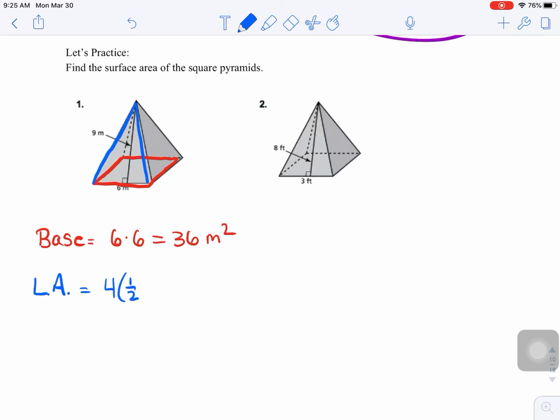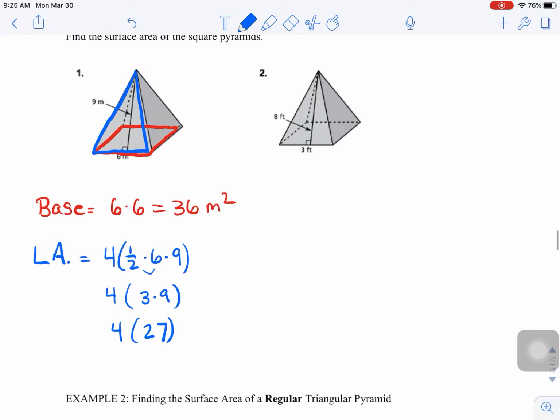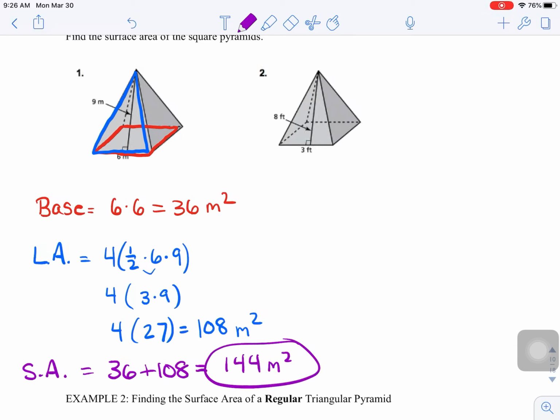My base here is 6, and my height is 9. If I multiply that out, half of 6 gives me 3, times 9 is 27, so 4 times 27 would give me a total of 108. And then my total surface area is the sum of 36 plus 108, which gives us a total of 144 meters squared.